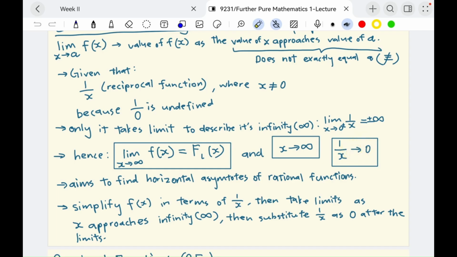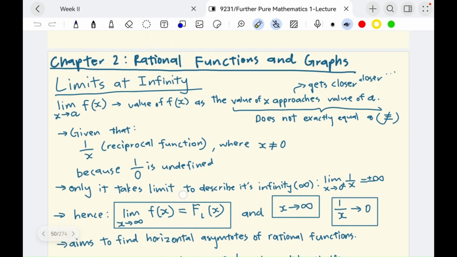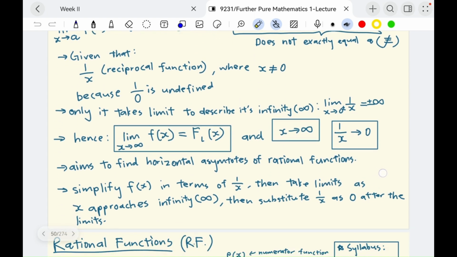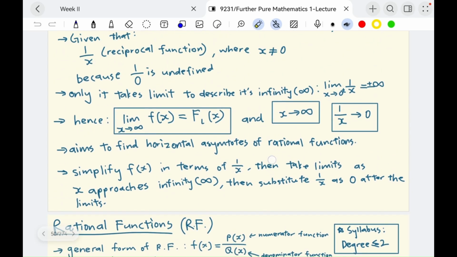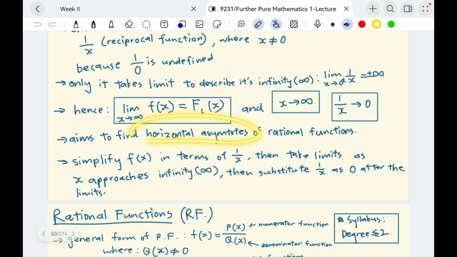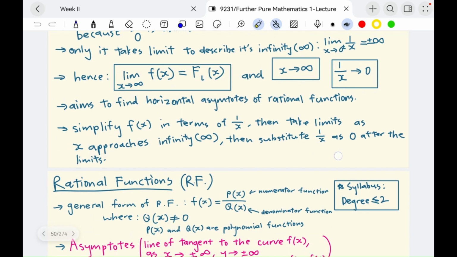So just now I asked, what is the purpose of using limits at infinity? Here is the aim: this aims to find the horizontal asymptote of rational functions. What is a horizontal asymptote? We will explain this later.